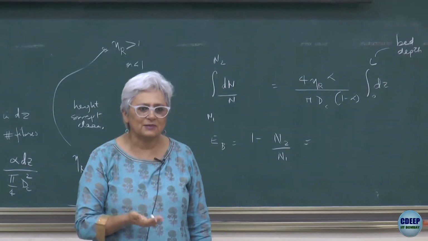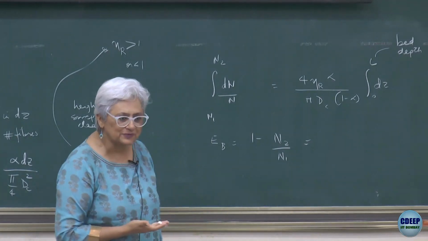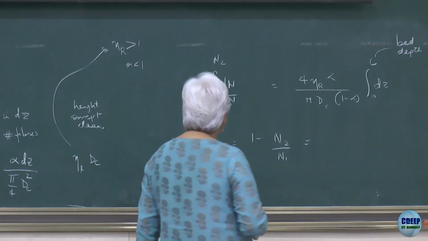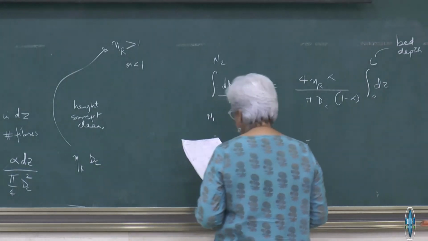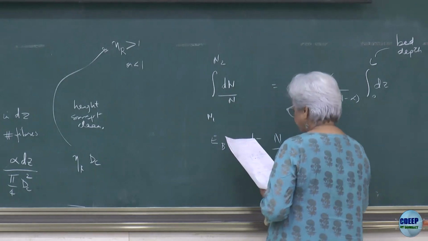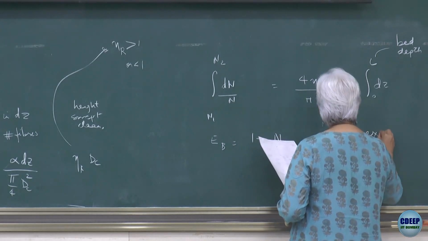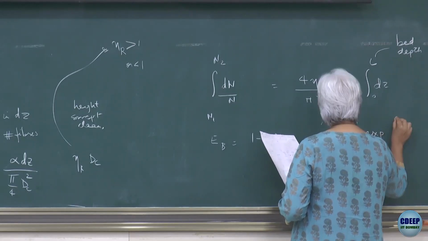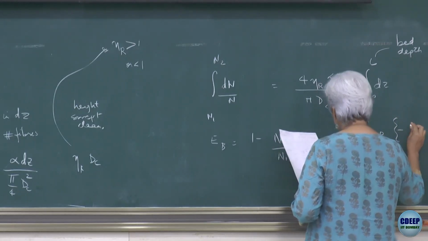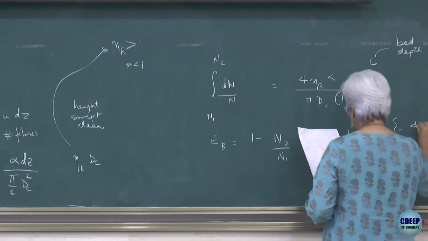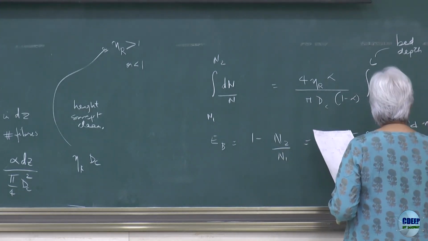You've collected some of the particles, you haven't collected all of them, right? So when we're talking about bed efficiency, we have to make sure this is what we have, and if you go ahead and do the algebra, 1 minus exponential of minus 4 eta r.